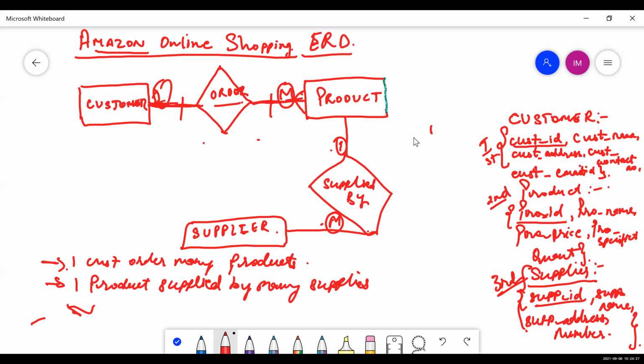Again here also 1 to many. Many is drawn like this.